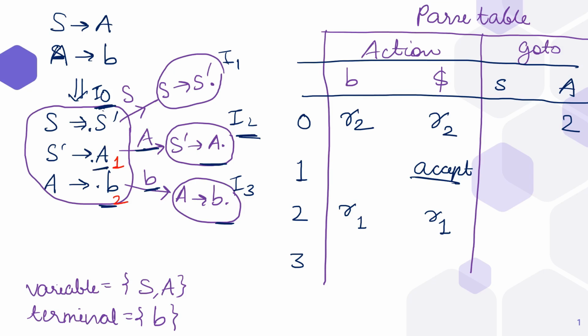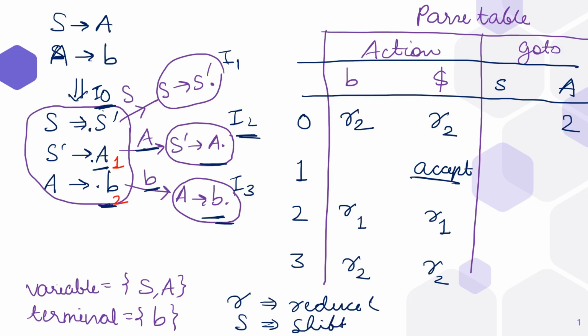Similarly, we would write R2 for I3. Why R2? Because it is the second numbered production that we had numbered here. R stands for reduce and S stands for shift. When we have completely read the whole string, it is said to be reduced. When we read one item, it is called a shift.